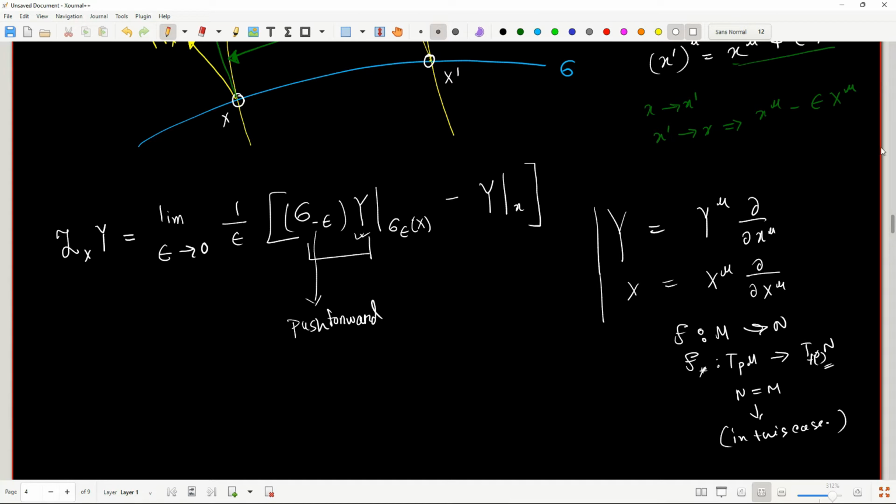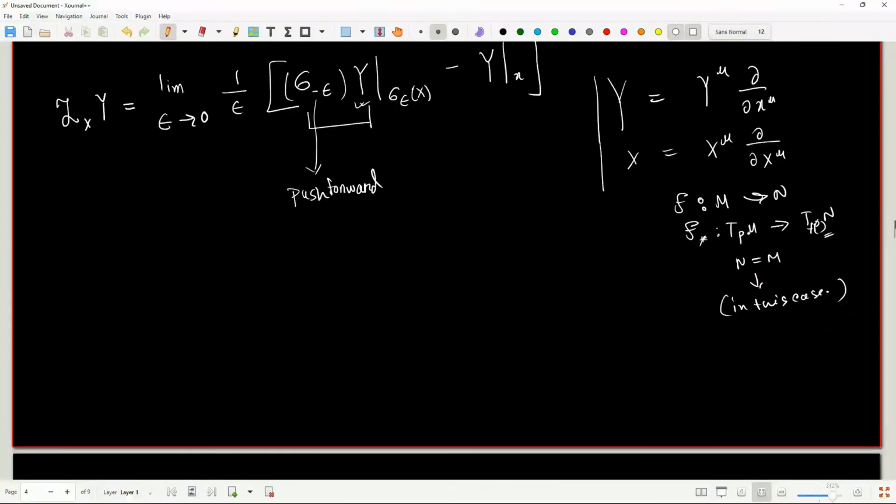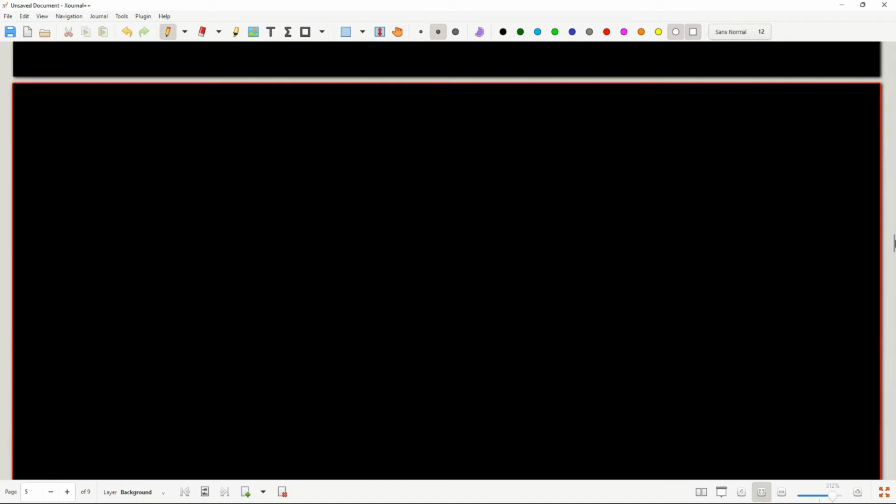The y at this point x prime, which is again very easy to compute, is just y^μ. But now the point is not just x, right?